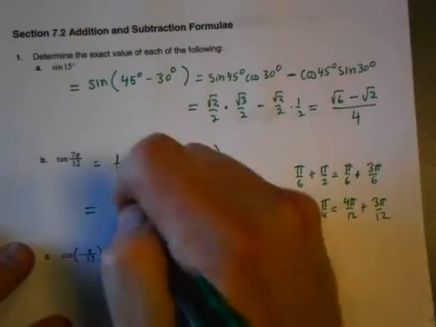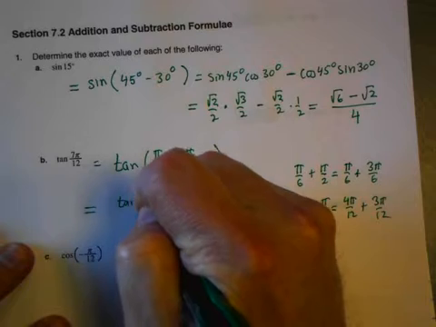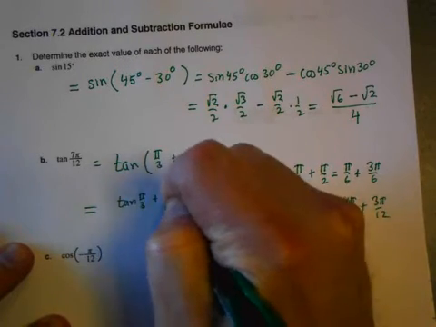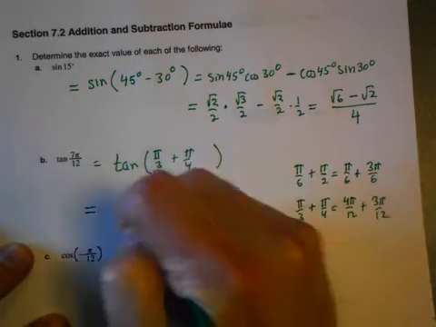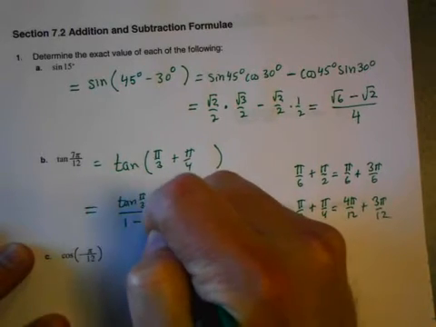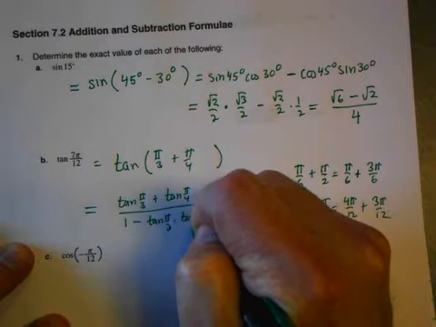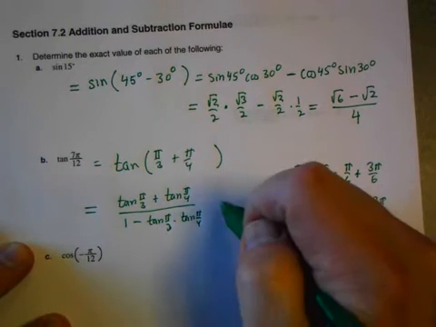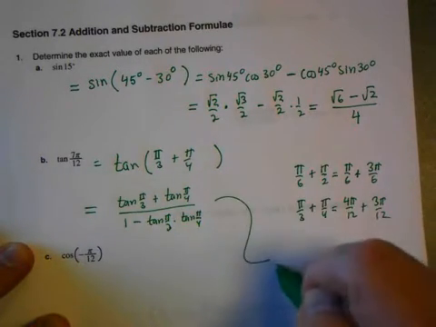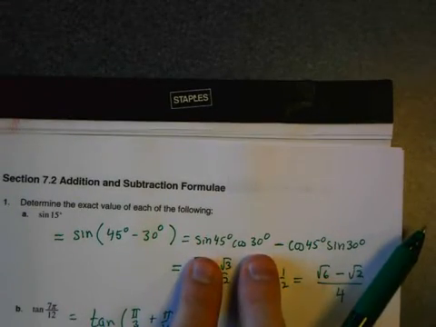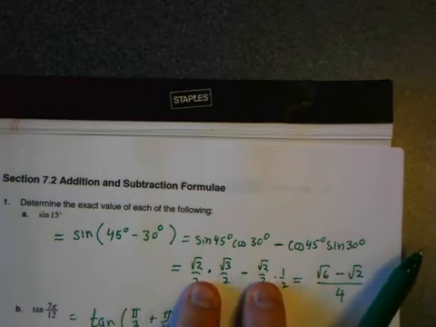That's tangent of pi over 3 plus tangent of pi over 4 over 1 minus tangent pi over 3 times tangent pi over 4. We keep the tangent in just like we kept the sine and the cosine in back here. But then we're actually going to evaluate them.